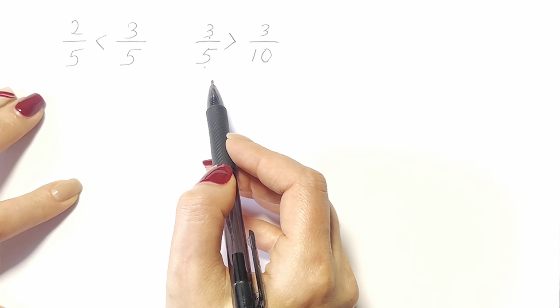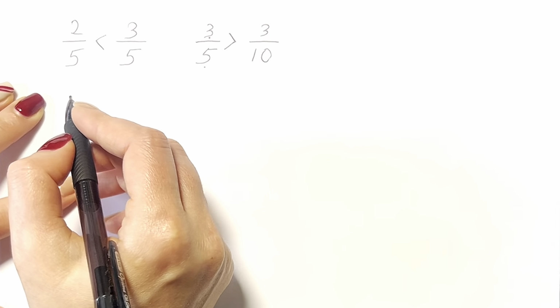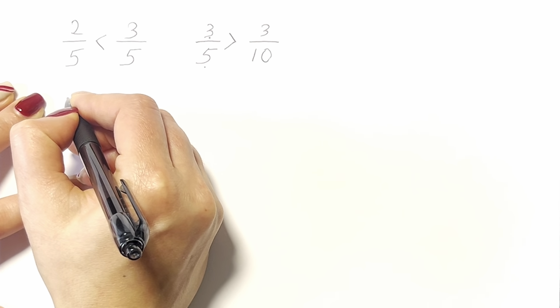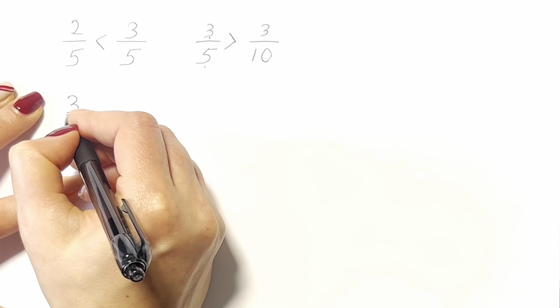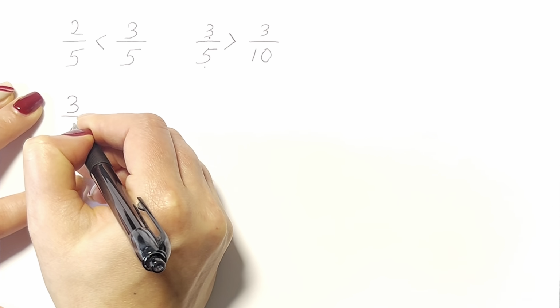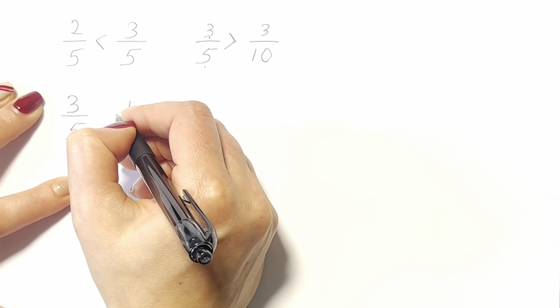Okay, what if both the denominator and numerator are different? For example, 3 over 5 and 1 over 4.